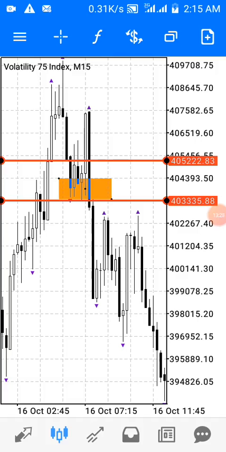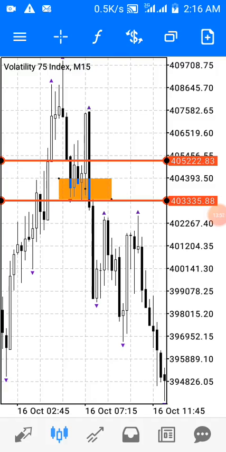So this strategy is going to be of advantage to you when you have a range, but the disadvantage will now be if the range is overextended. What do I mean by range? When price starts to go up or down and there's no definite trend.